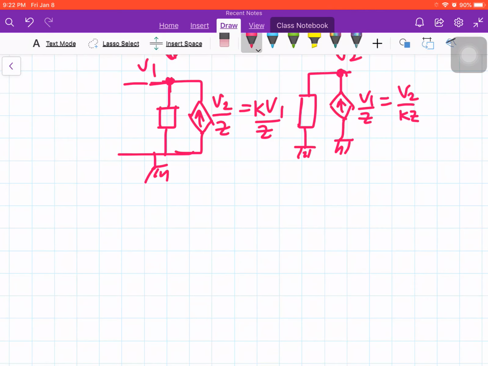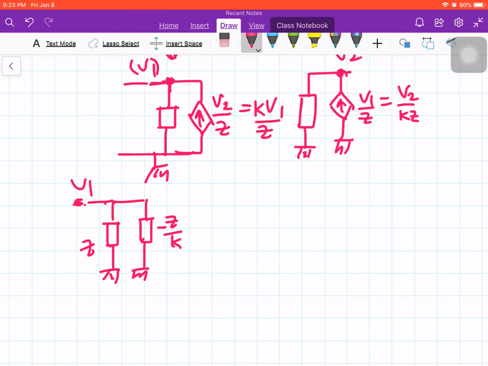Now, according to the source absorption theorem, we can still further represent the above circuit like this. Why? Because V1 we are representing in V1.